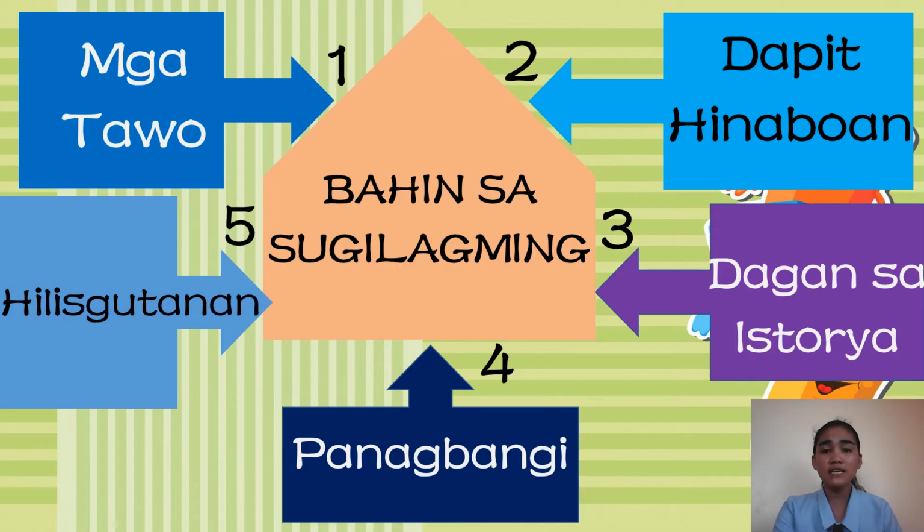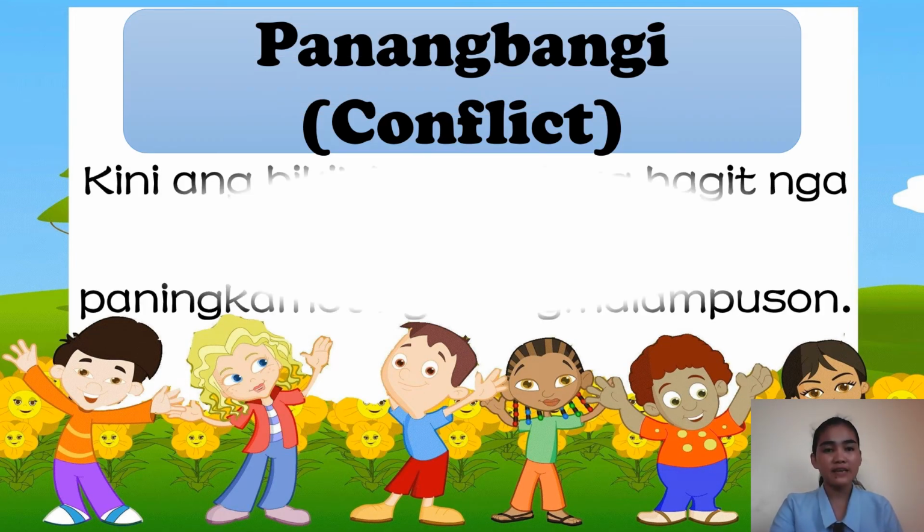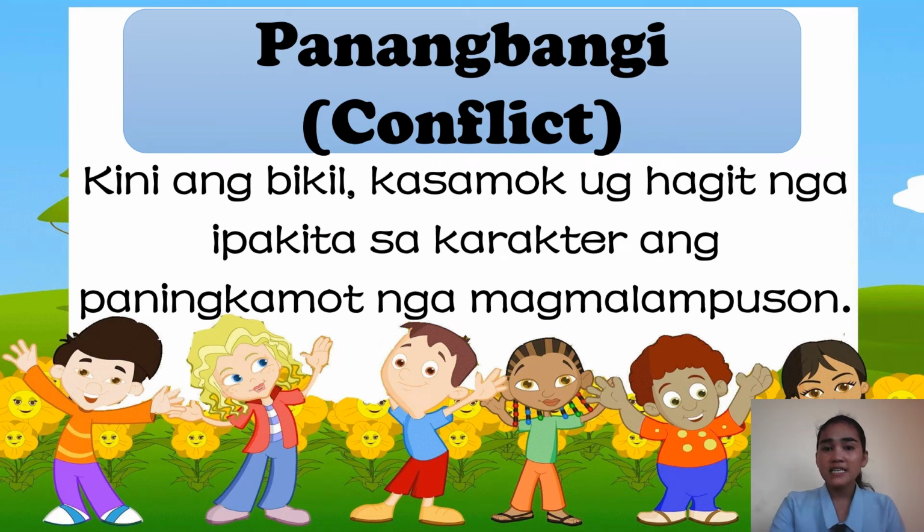The fourth one is panagbanggi or conflict. Kini ang bikil kasamok ug hagit nga ipakita sa karakter ang paningkamot nga magmalampuson. So this is where the problems and struggles of the main character occur and reveal how he or she overcomes and succeeds despite all the problems, all the challenges that he faced.